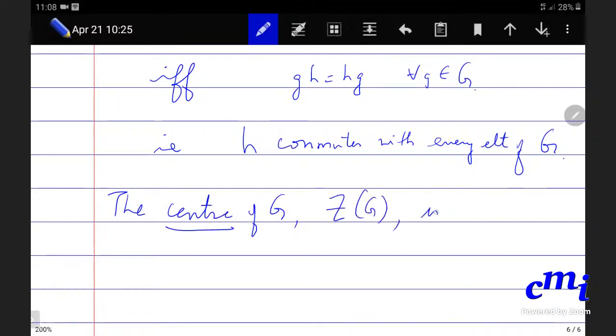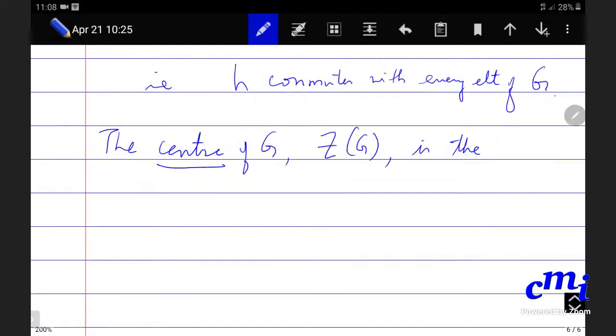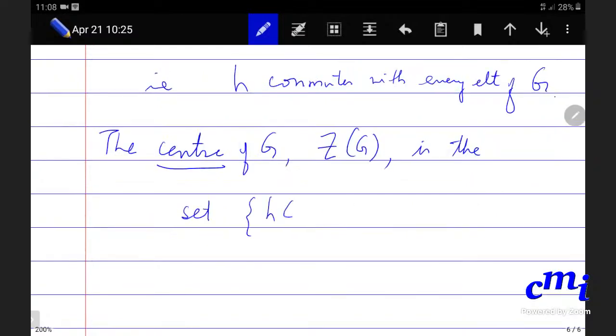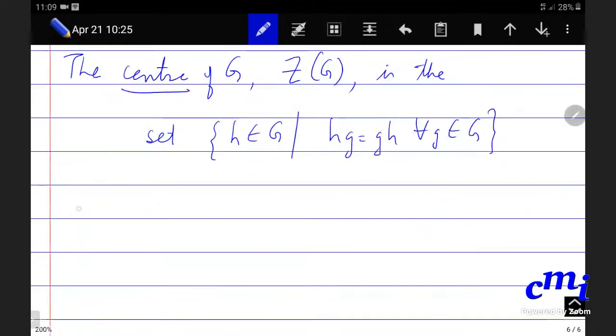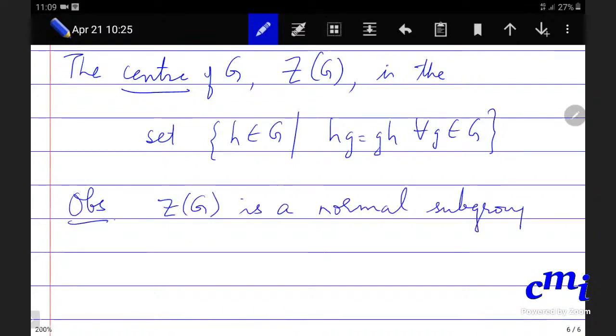It is the set of all elements h that commute with every g in G. Then an observation: Z(G) is a normal subgroup.